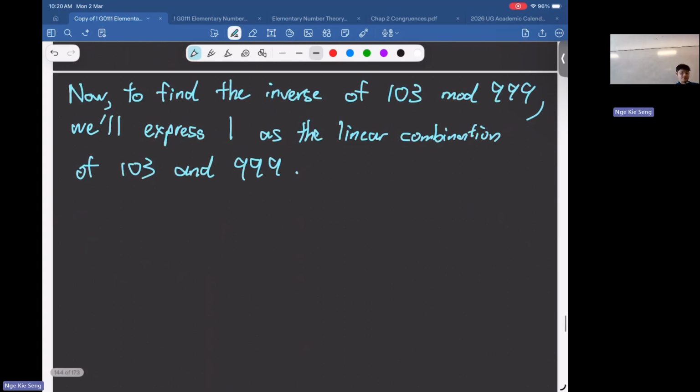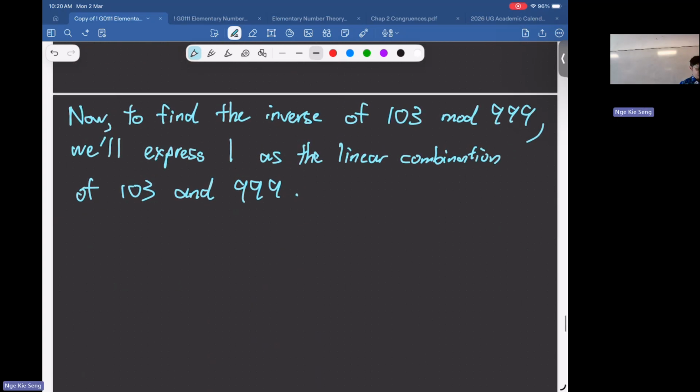Okay, so now we go back to the chapter 1 problem. So what should we do? We should do the Euclidean algorithm. 999 equals how many times 103 plus a remainder?